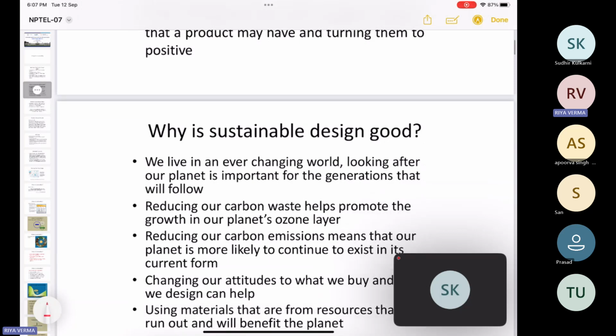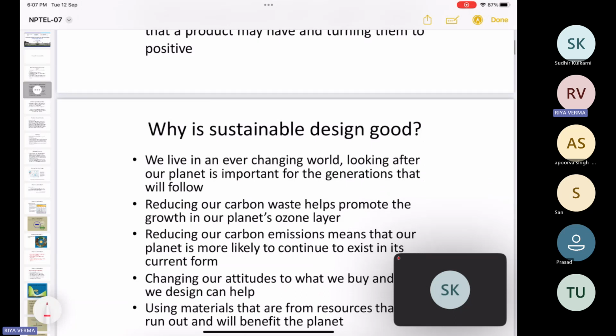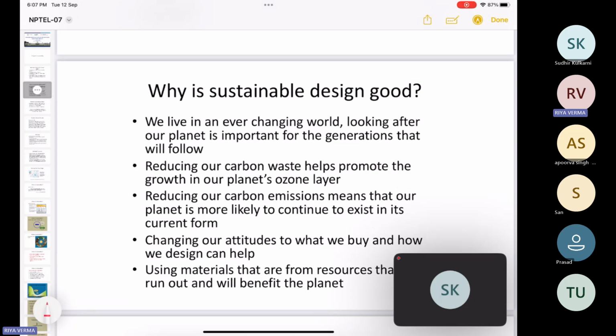So we live in an ever-changing world. Looking after our planet is important for the generations that will follow. Reducing our carbon waste helps promote the growth in our planet's ozone layer. So basically, we all know that due to this carbonaceous waste, we release a lot of CO2, which further leads to global warming and other climate issues like ozone layer depletion.